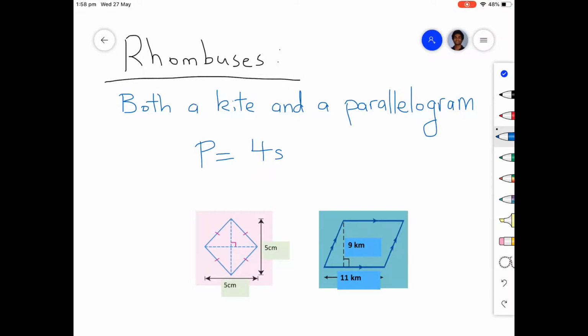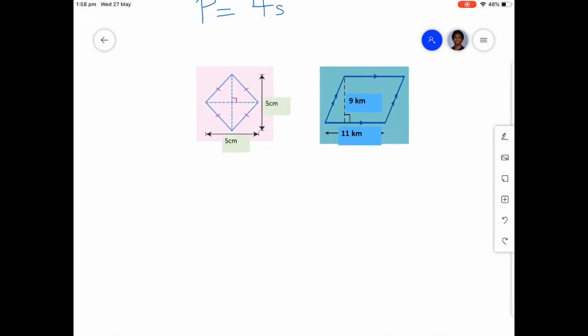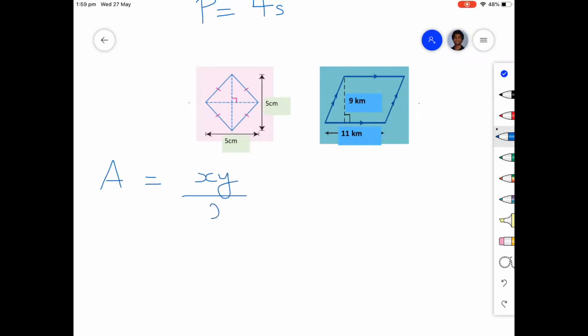But when we calculate the area of a rhombus, there are 2 formulas that we can choose from. That depends on whether our rhombus is a kite, like this example on the left, or a parallelogram, like this example on the right. If we're given a kite, so we're given an x value and a y value, we use the kite formula, which is xy over 2.